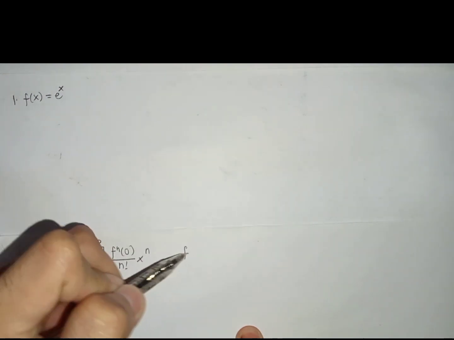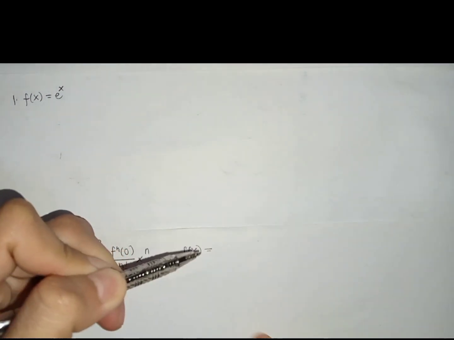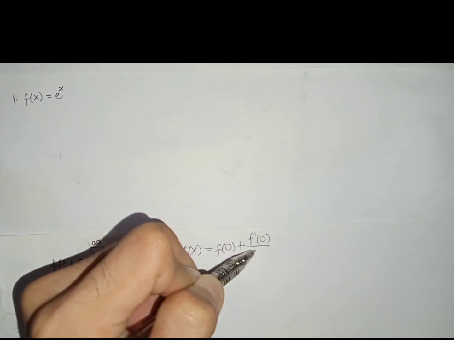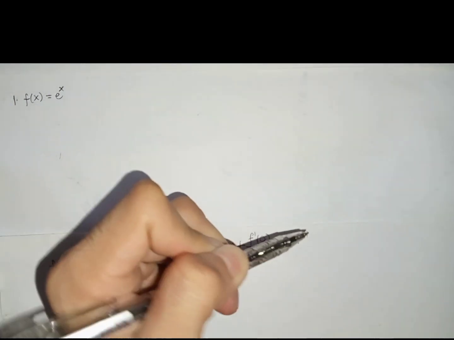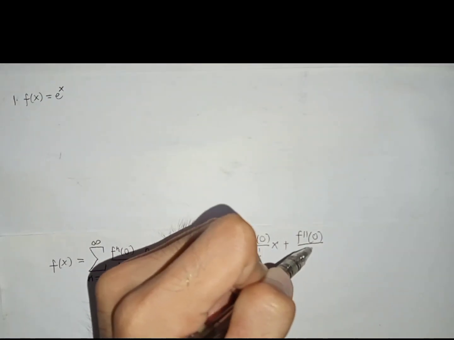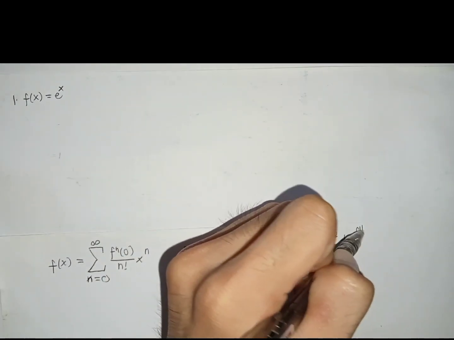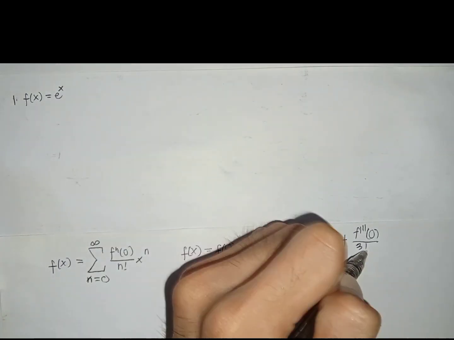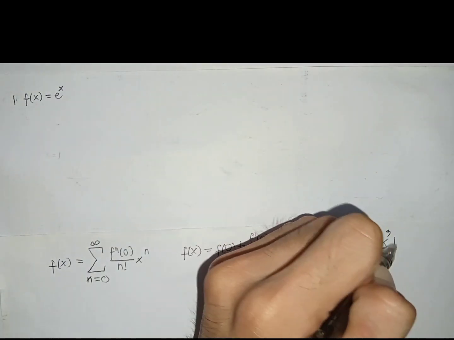And for the expansion formula, we have f of x equals the first term f of 0, the second term f prime of 0 over 1 factorial times x, the third term f double prime of 0 over 2 factorial times x squared, and the fourth term f triple prime of 0 over 3 factorial times x cubed, and so on.